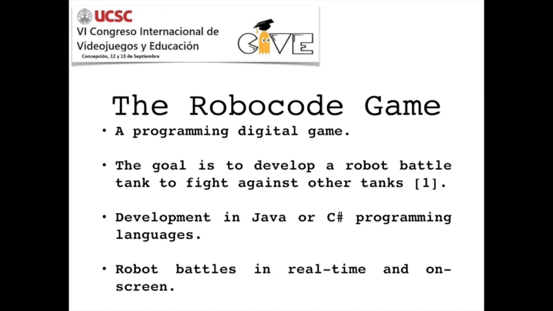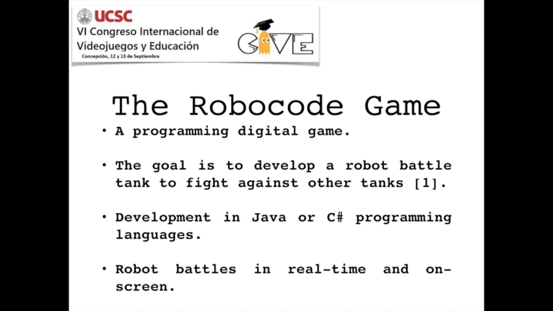The RoboCode game is a programming digital game. The goal is to develop a robot battle tank to fight against other tanks. The robot can be developed in Java or C# programming languages. So the students can design algorithms that command the robot.